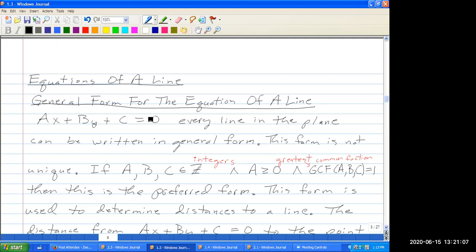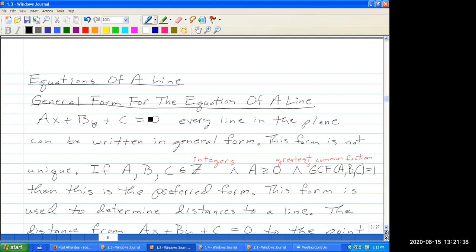So we usually try to write the general form in a standard way so that there's a unique answer for the line. Obviously, I can't do that for every line, but for problems that you have in the homework set or on exams, you can put them in this form.